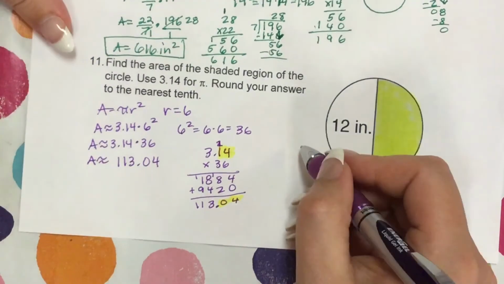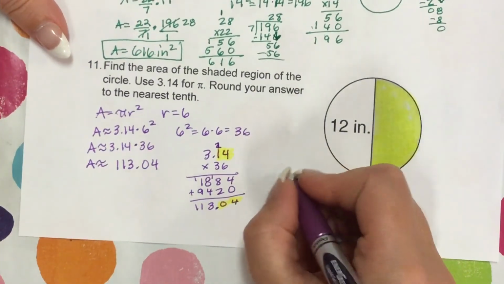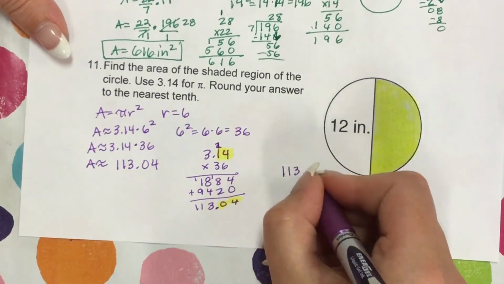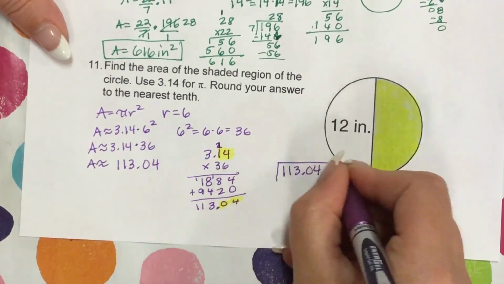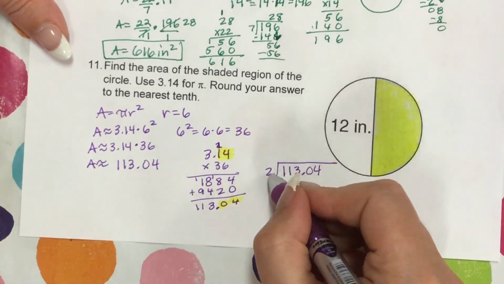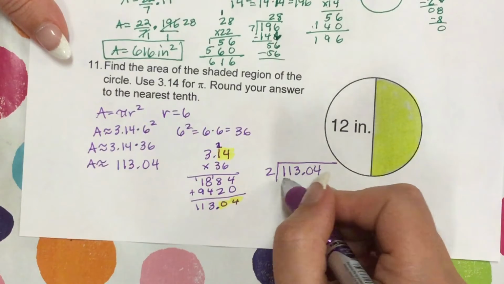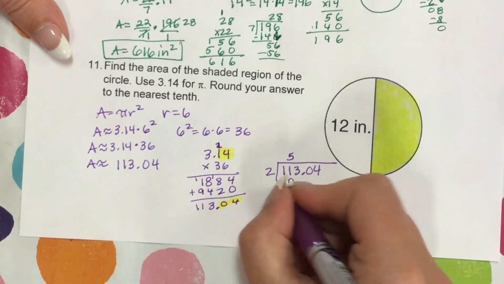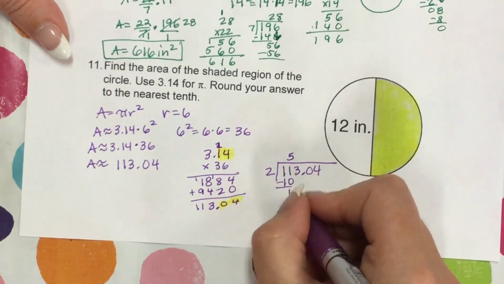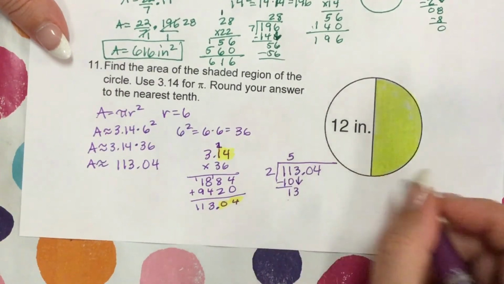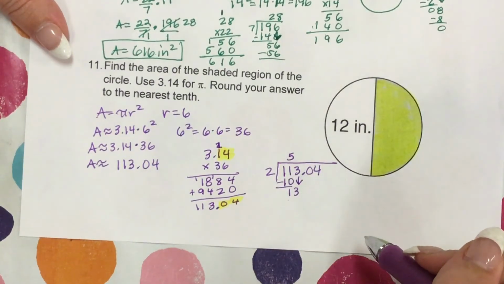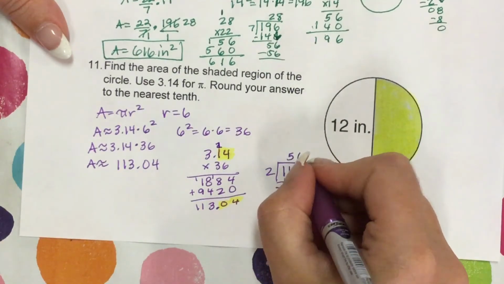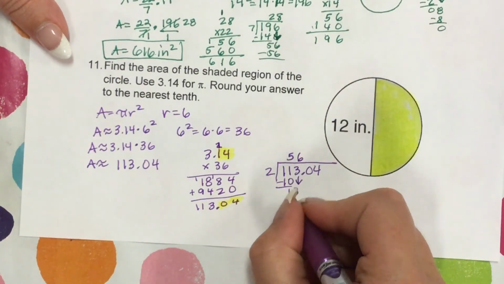So I'm just going to go over here and take this value, 113.04, and divide it by 2. 2 doesn't go into 1, but it does go into 11, and it goes in 5 times. 5 times 2 is 10. We take away, we get 1, and then we drop that 3 down. 2 goes into 13 6 times. 6 times 2 is 12.